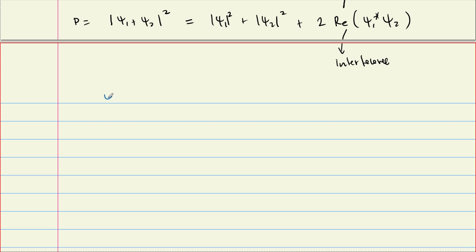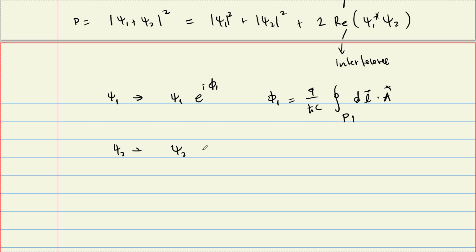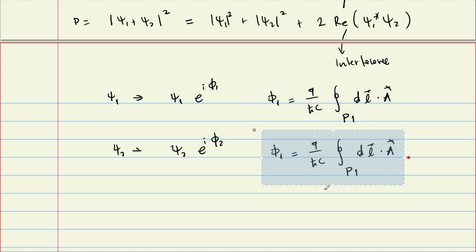But in the presence of flux, psi1 is going to be psi1 times e to the i phi1, some additional phase, and this additional phase phi1 is going to be q over h bar c times the integral along path 1 of dl dot A. And similarly psi2 is going to go to psi2 times e to the i phi2, and phi2 is the accumulated phase through path 2.